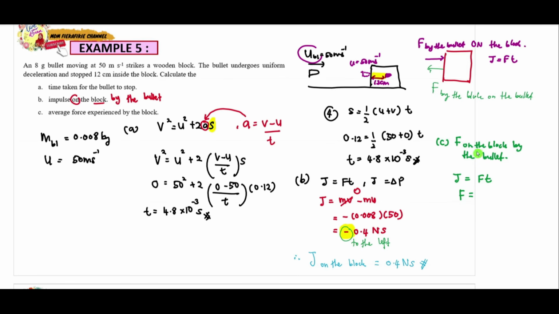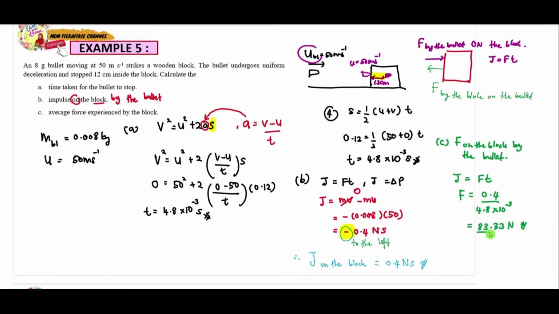So ini adalah cerita force on the block. Force on the block should be to the right kan? So kita akan ambil positif 0.4 over the time, where the time is 4.8 times 10 power of negative 3. So kita akan dapat nilai F kita adalah positif, which is 83.33 Newton.